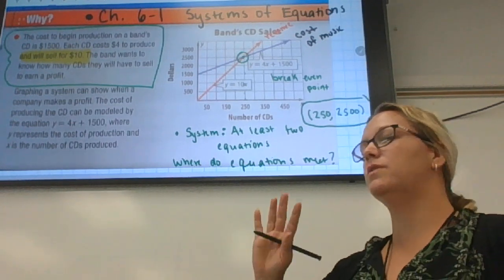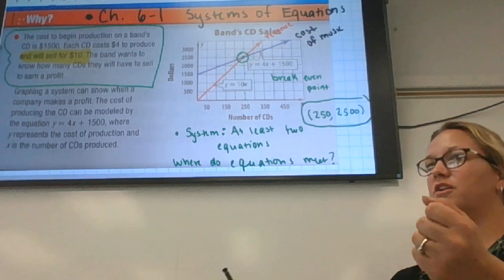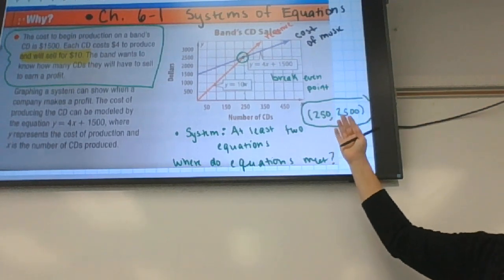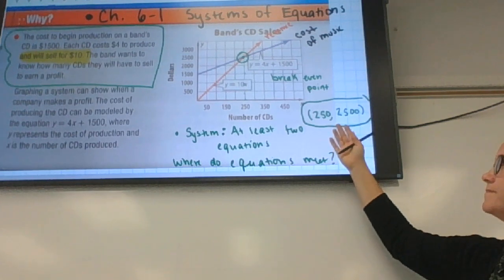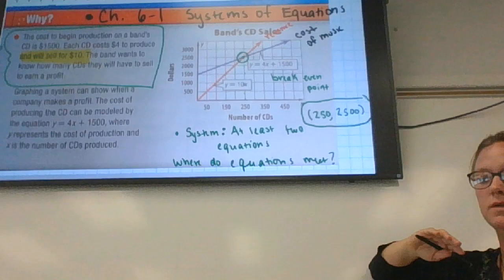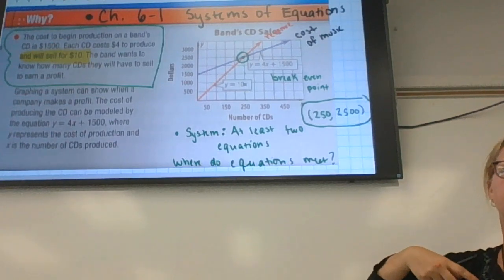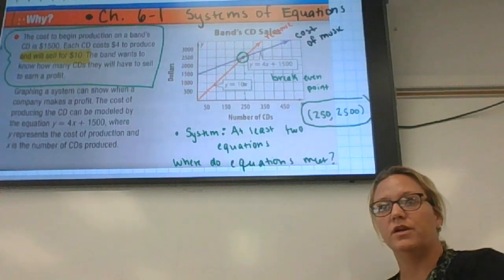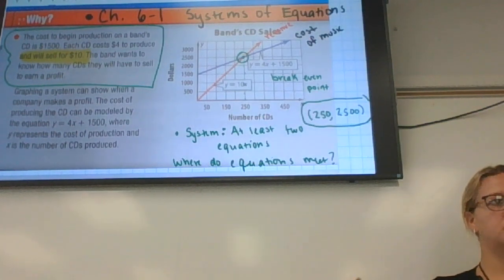After they sell 251, they're starting to actually earn money. This is when their cost meets their revenue. Break-even points are really important, so we're going to spend a long time talking about how to solve for them. This one's easy because it's already graphed for you. Today you're going to practice graphing 2 lines and finding where they meet.